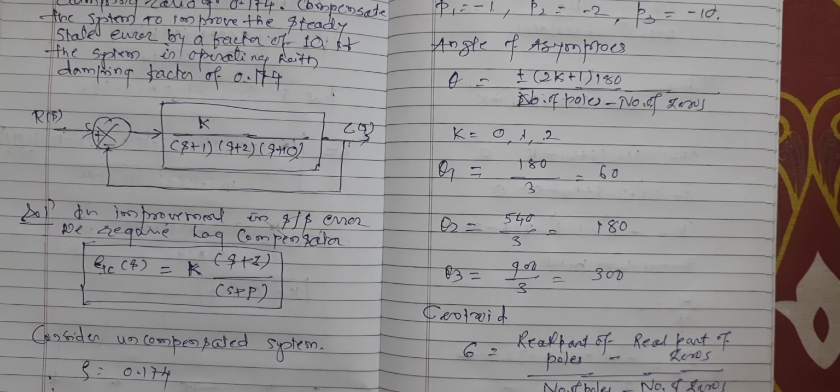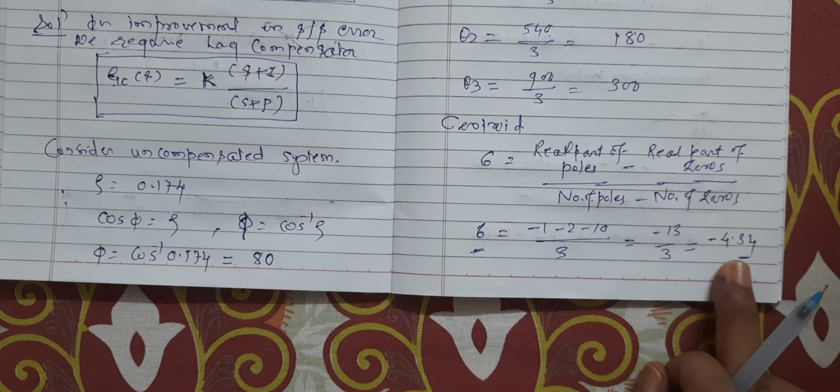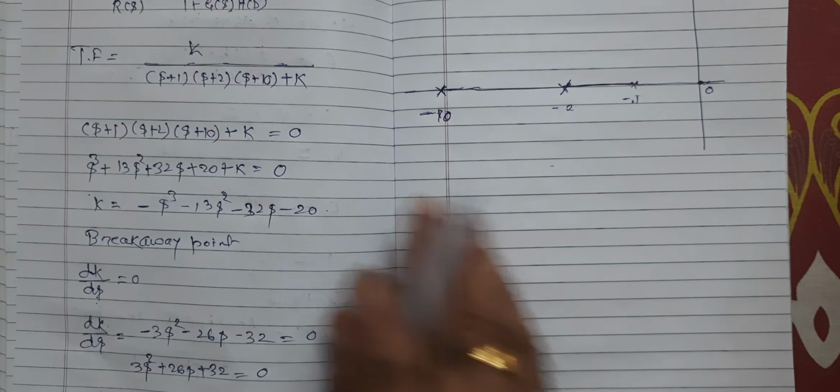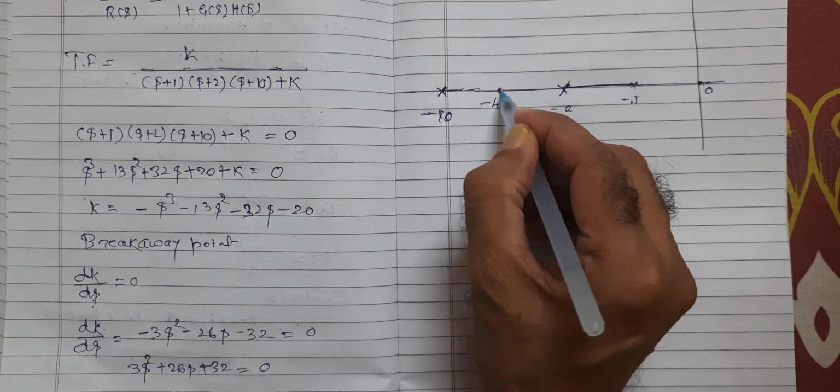Now see here, the centroid that we have calculated is -4.34. So first we will mark that one. Let's say this is -4.34. This is my centroid.